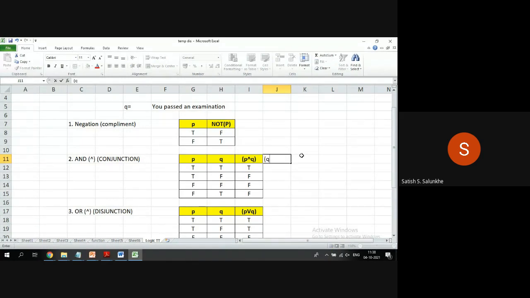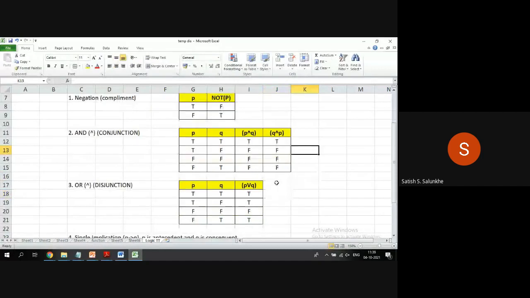I'm again writing this. So Q and P. Again, T and T is T. If there is at least one F, then the entire statement is false. Similarly, Q or P.